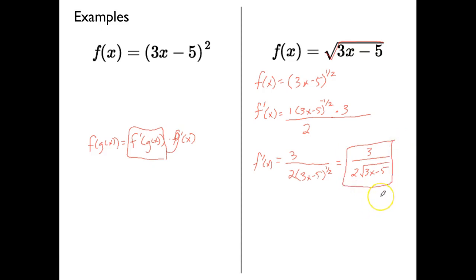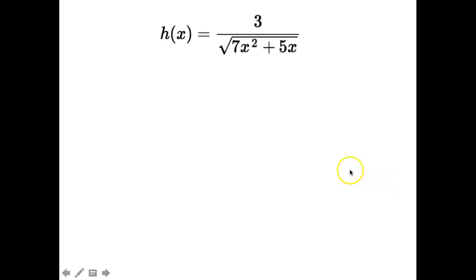Okay, let's do another problem. This one, I mean, some people might think quotient rule when they see this. They might think hi and ho, yeah? But what I think is, you know what, why don't I rewrite this thing. So it's 3, and then parentheses 7x squared plus 5x raised to the negative half.